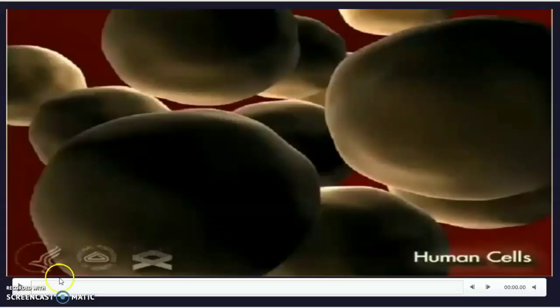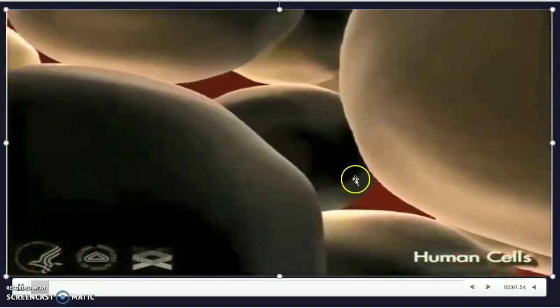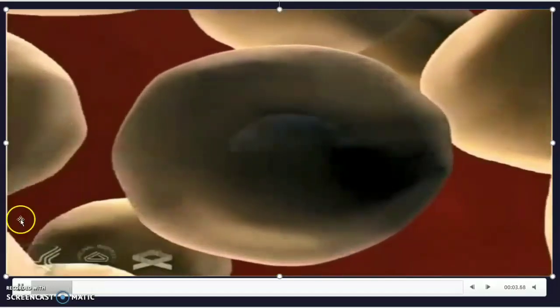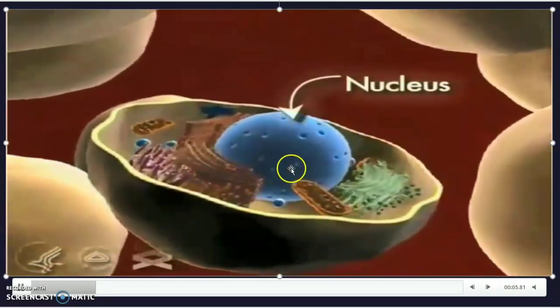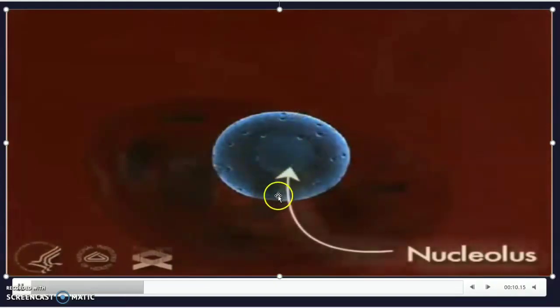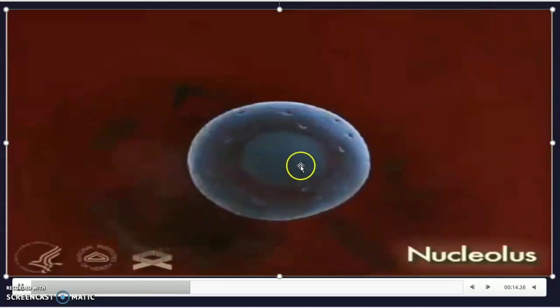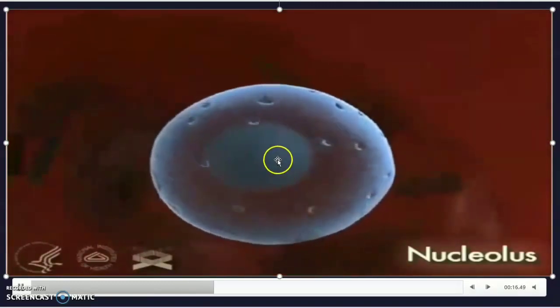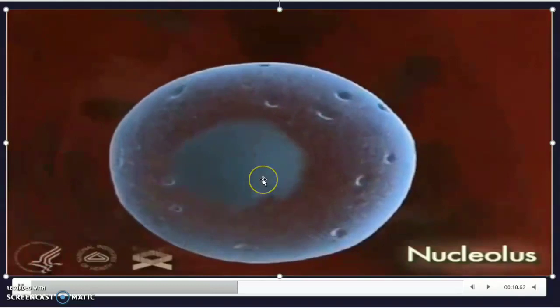Now I want to show you the nucleus structure with this video. Observe this. These are the animal cells. Inside the animal cells there is a blue colored dot. This is the nucleus. Inside the nucleus there is another part, the spherical or circular part, that is the nucleolus.